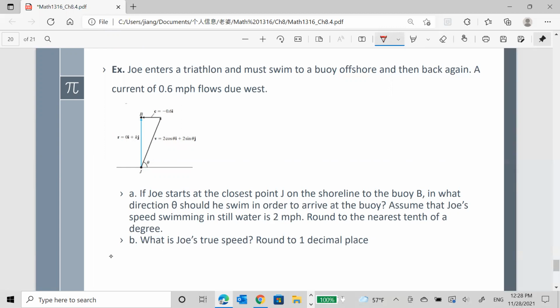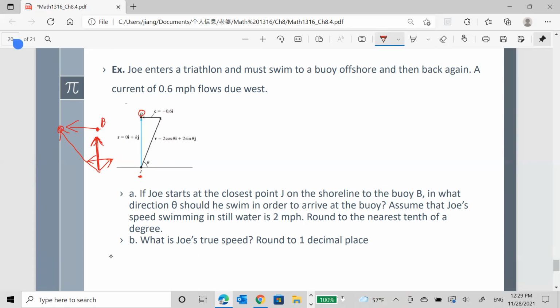Joe starts from point J and wants to get to point B, but the current, the water moving in this direction, will push him off. If Joe swims like this, the sum of these two vectors will make him arrive at this point, not point B. That means Joe must swim in this direction, plus the current, so he can move straight and arrive at point B.